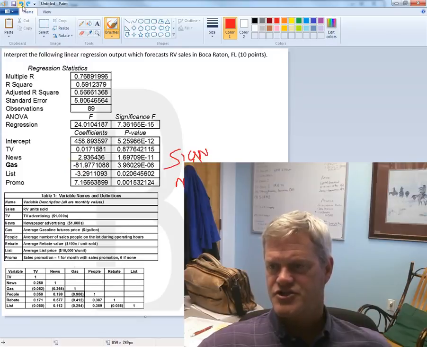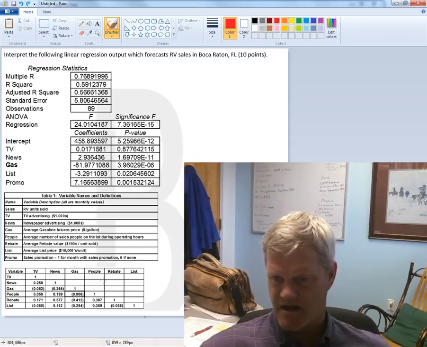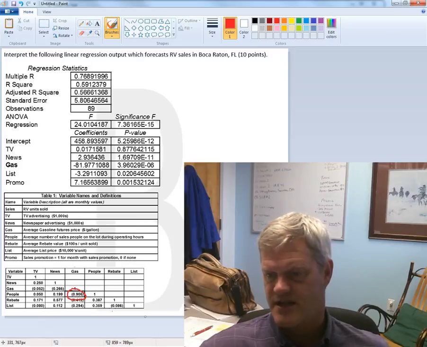Another thing that you should pull out of this analysis is the high correlation of gasoline and people, right? It's 0.9. A high correlation is, let's say, 0.8 and above, just to give you a general guideline.